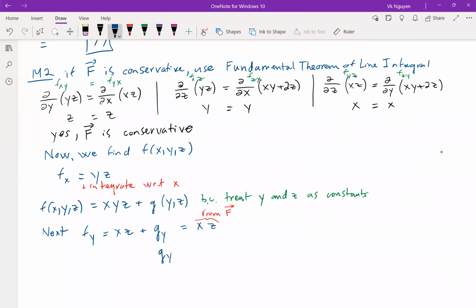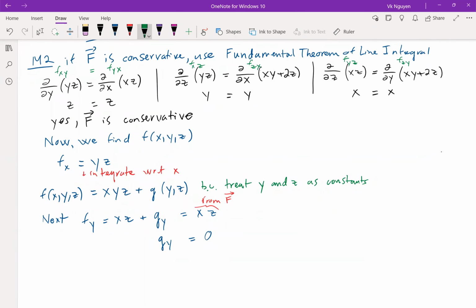So g_y is equal to 0. What does this mean? You have to integrate both sides with respect to y. You do that, you're going to get g(y,z). And g(y,z) is equal to the constant c, right?